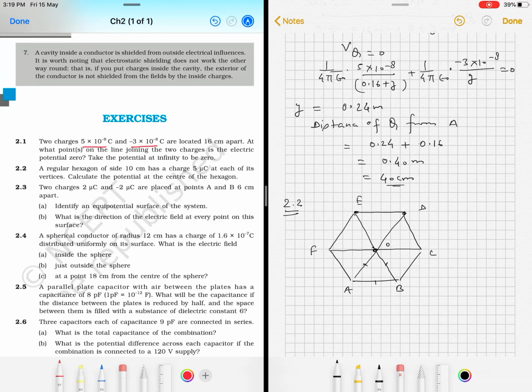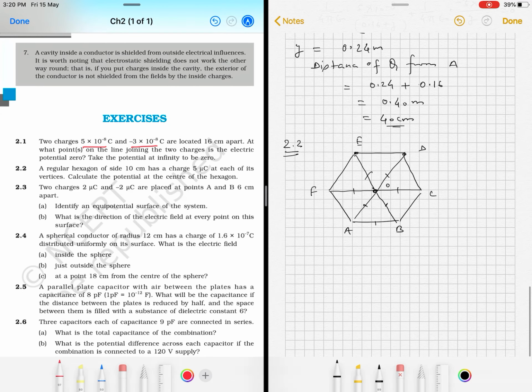So OA is equal to OD. All these will be equal. So the net electric potential will be 6 times the potential due to one charge, Q by R. R is this distance.